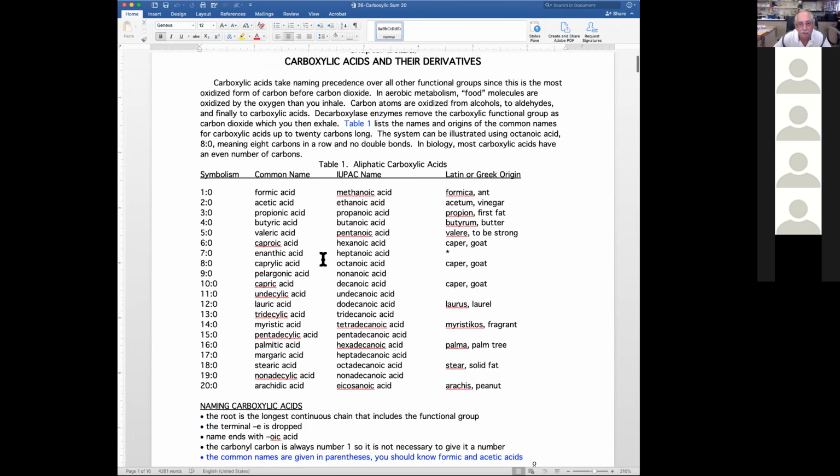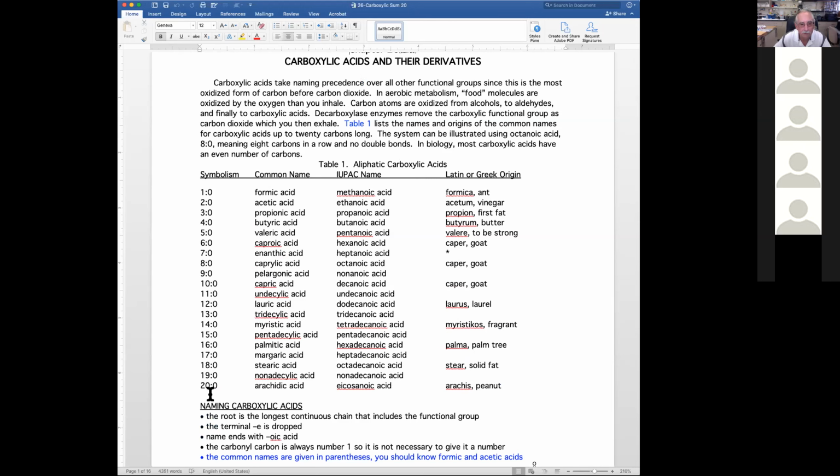So here's the common name, here's the IUPAC name, here's the Latin or the Greek origin of the common name. And unfortunately in nutrition and food and stuff like that, they often use the old-fashioned common name.